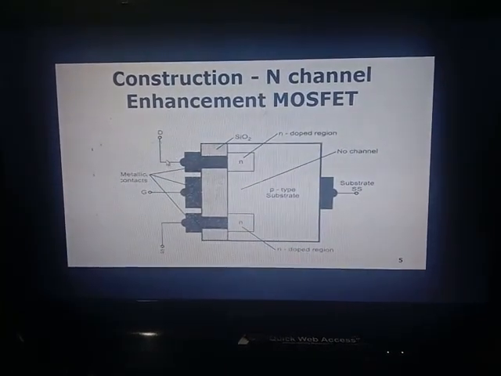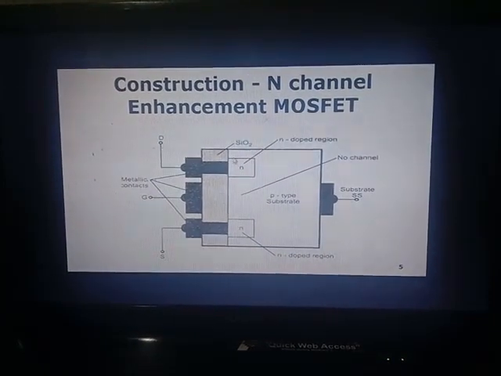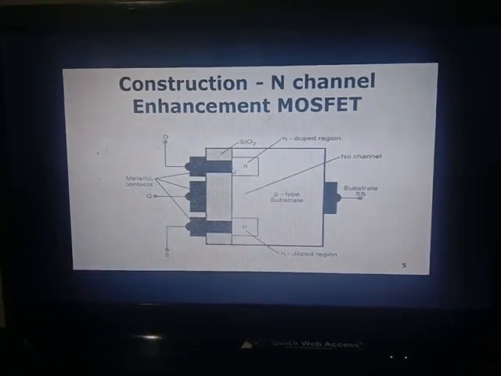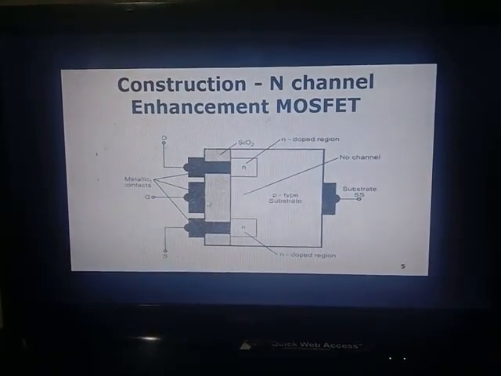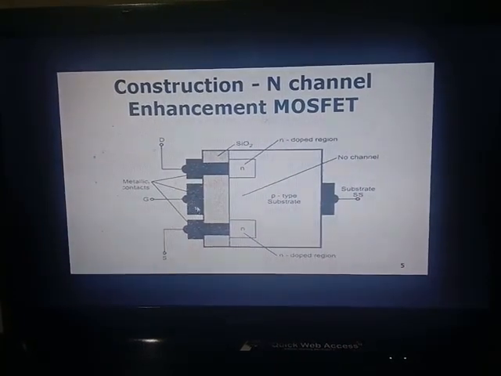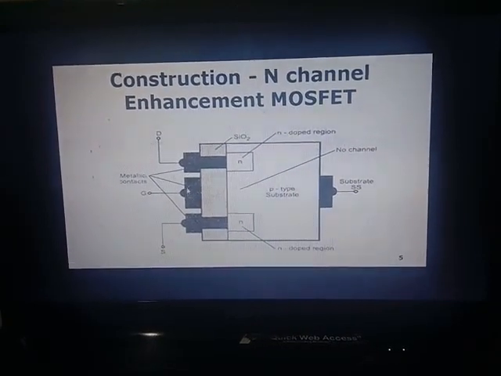Using metal contacts, contacts are created for drain and source. So this is the source part, this is the drain part. Above the silicon dioxide layer we will have the gate. This gate is the metal part.